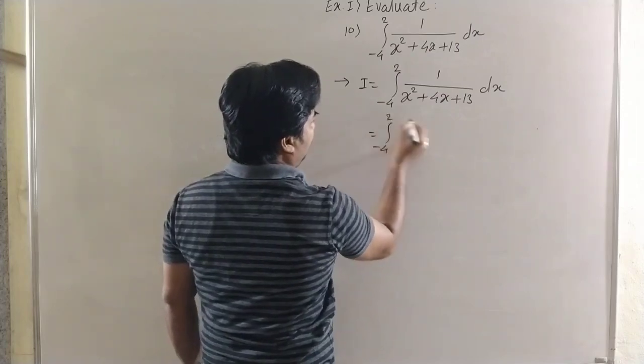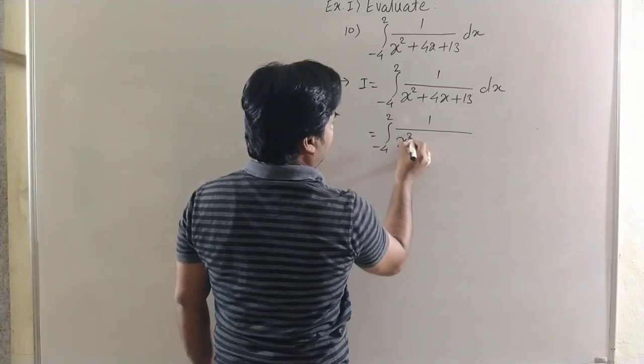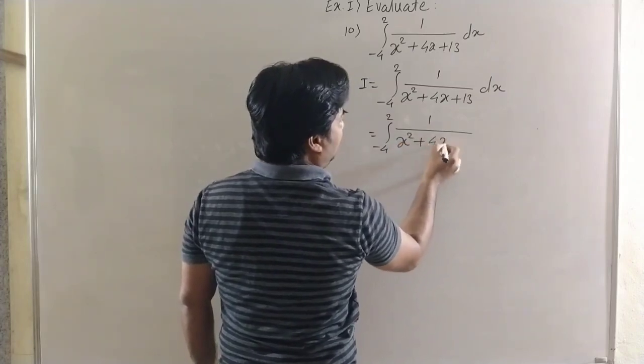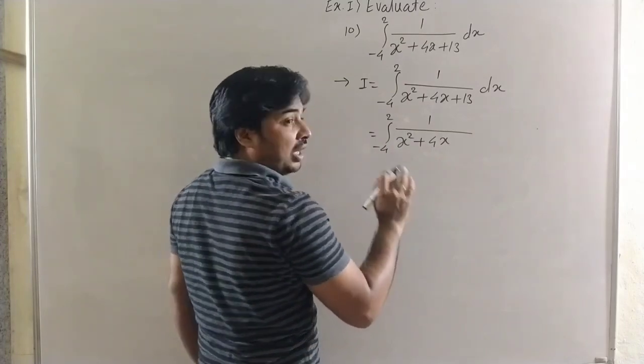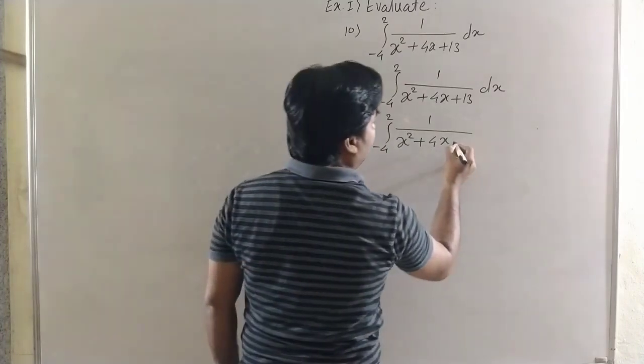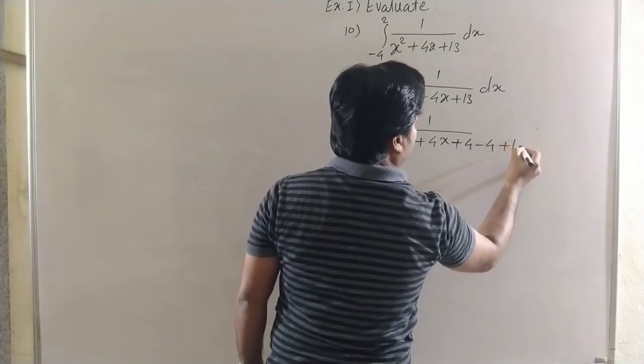Minus 4 to 2, 1 upon x square plus 4x: the coefficient of x is 4, half of 4 is 2, and square of half is again 4, therefore it is plus 4 minus 4 plus 13.